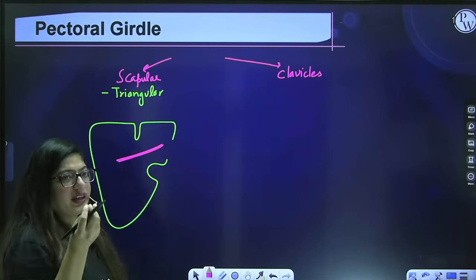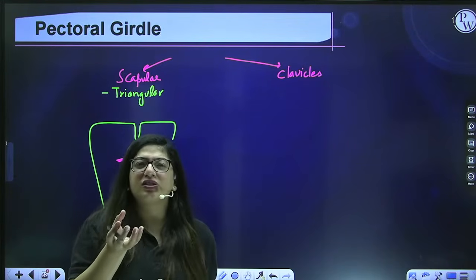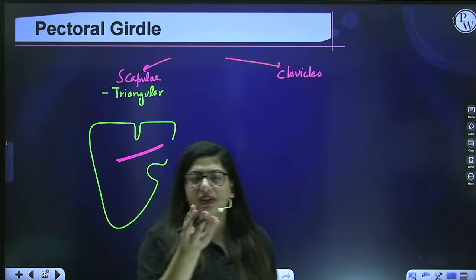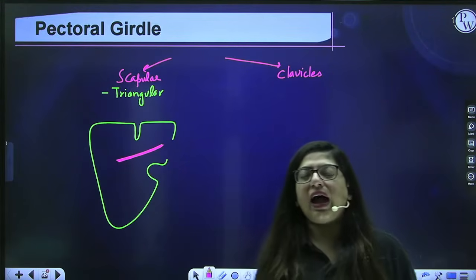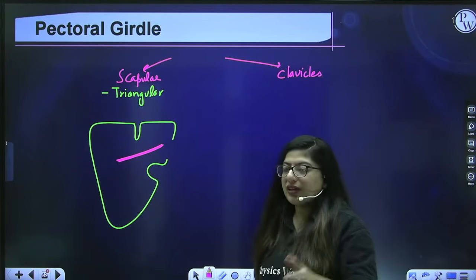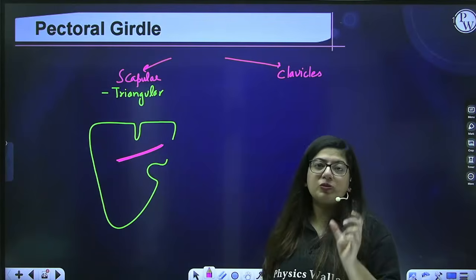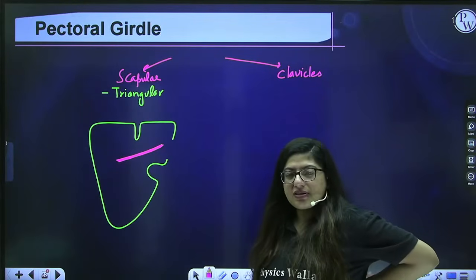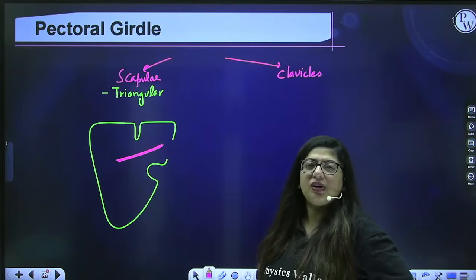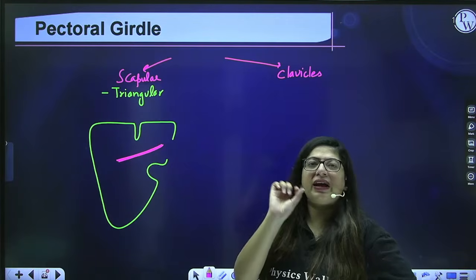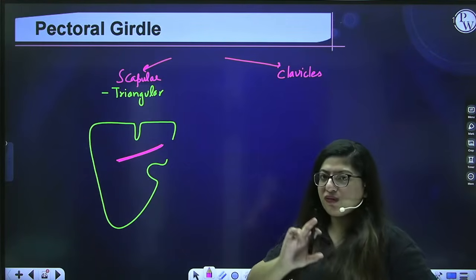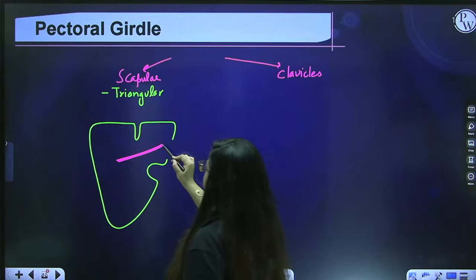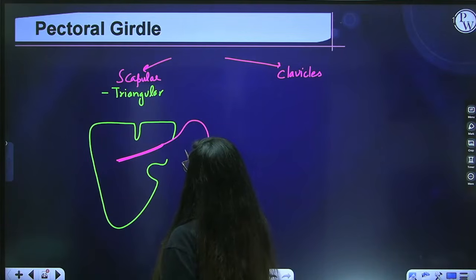This is very prominent, ubri hui in Hindi. It's a ridge-like structure and prominent structure, we can say in English. And it forms spine. If you just touch your scapula, you can feel something very spine-like. So that's the spine portion of your scapula, which then gets broader and forms this head-like structure.